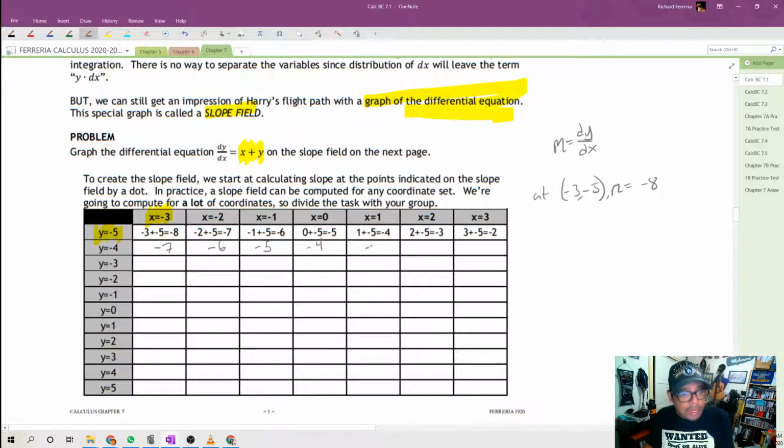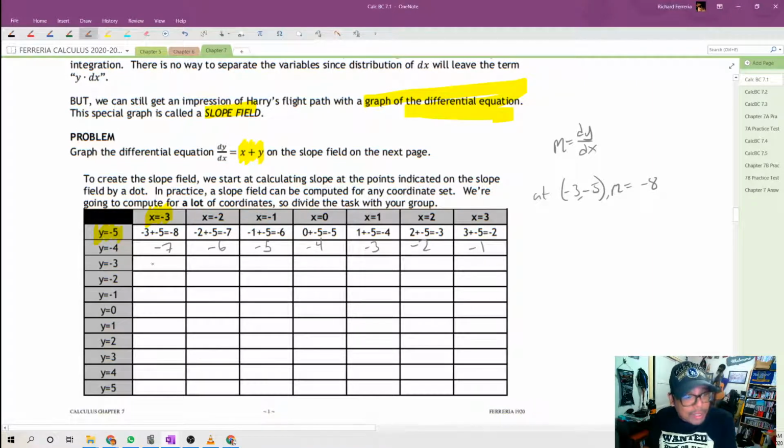Then -4, -3, -2, and -1. When you go across like this, you could also do the same thing going vertically down the columns as well. But when you do that, then usually you will see a pattern form here. Let's do the next line so you can see what I mean again.